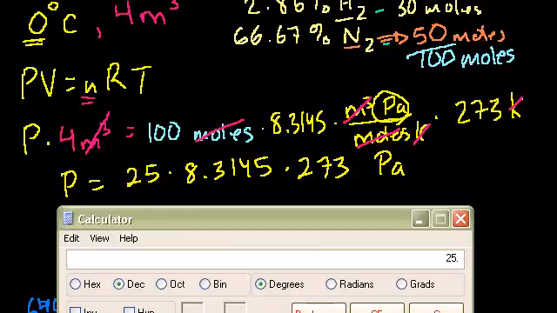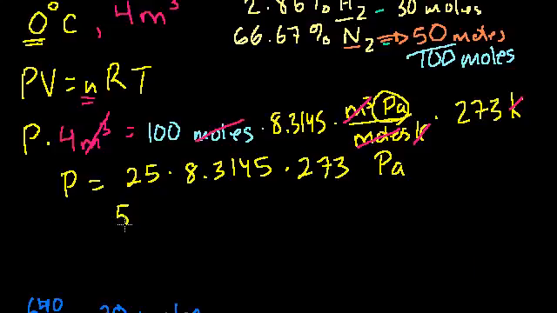25 times 8.3145 times 273 is equal to 56,746. 56,746 pascals. And that might seem like a crazy number, but the pascal is actually a very small amount of pressure.